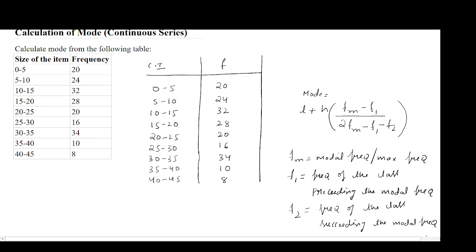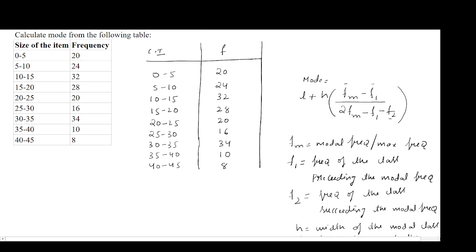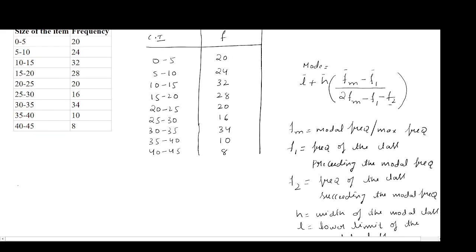After writing the formula, you have to understand what all these are. So here Fm stands for modal frequency or maximum frequency. F1 stands for frequency of the class preceding the modal frequency, and F2 is frequency of the class succeeding the modal frequency, and H is width of the modal class, and L is lower limit of the modal class. So just identifying is the only task here. So first I have to find out these values, Fm, F1 and F2.